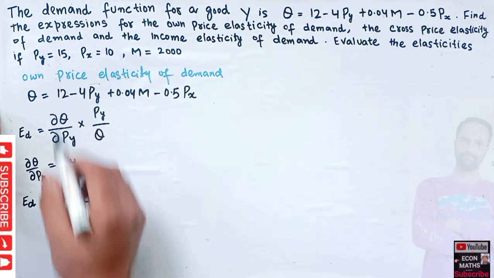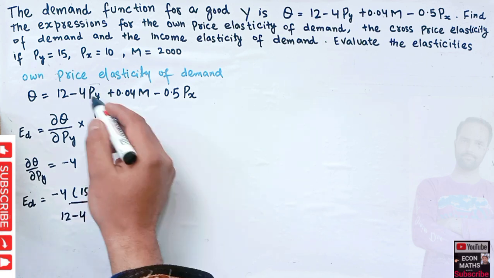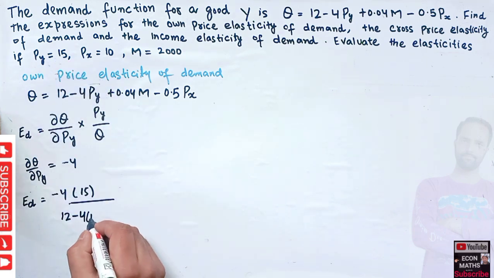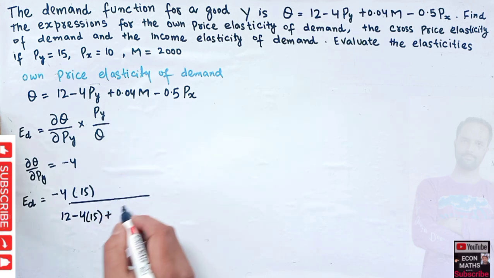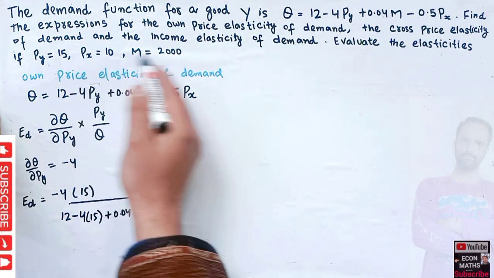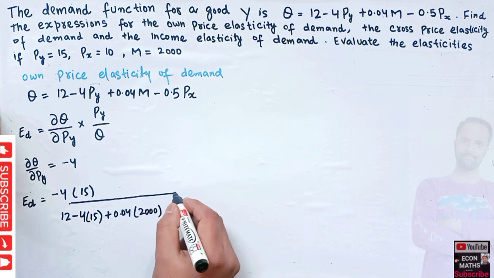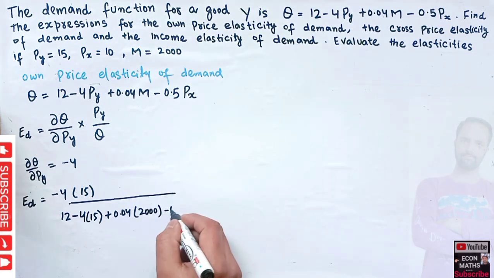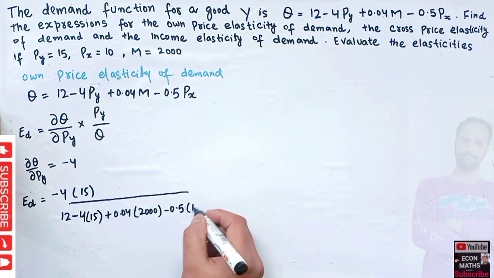So we have 12 minus 4 times, the price of good Y is given as 15, then we have plus 0.04, the income is given as 2000, minus 0.5, the price of good X is given as 10.